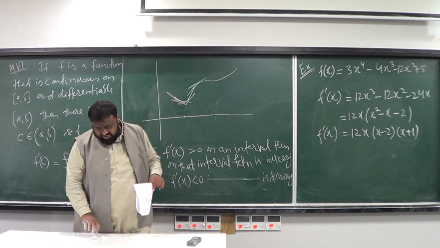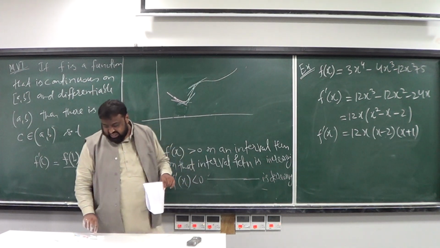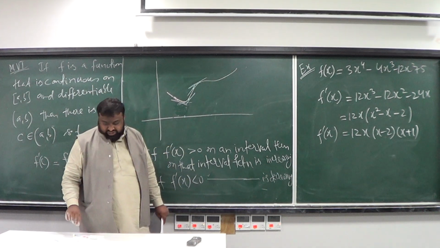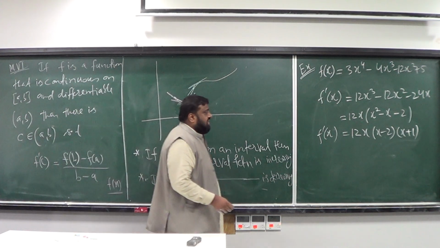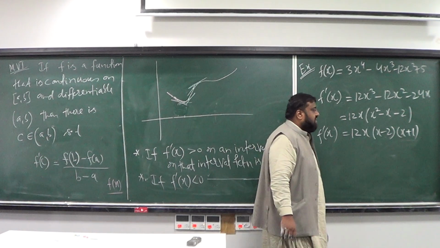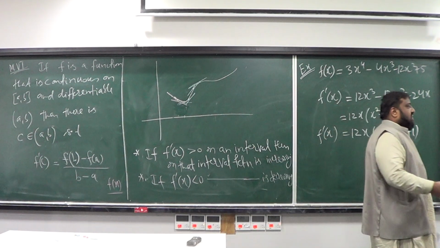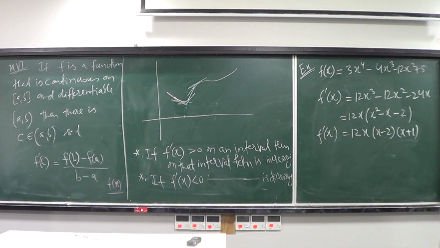Now I want to know on what intervals the function is increasing, on what intervals the function is decreasing, and at what points the function has critical points. And then I want to make a rough sketch of it.